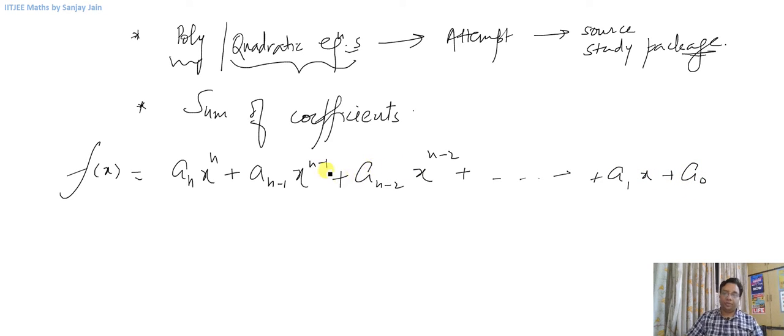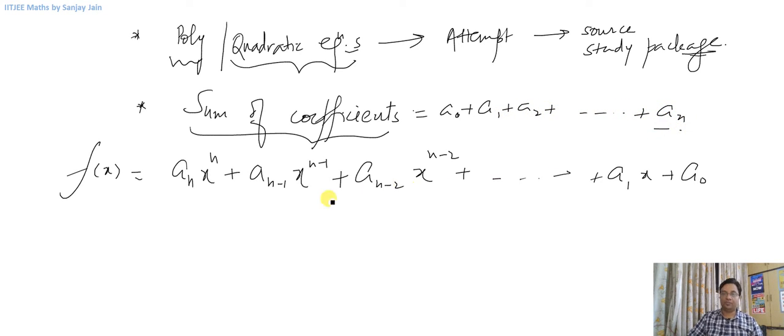Now if you want to find the sum of coefficients, that is a_0 plus a_1 plus a_2 plus up to a_n, this is the sum of coefficients.